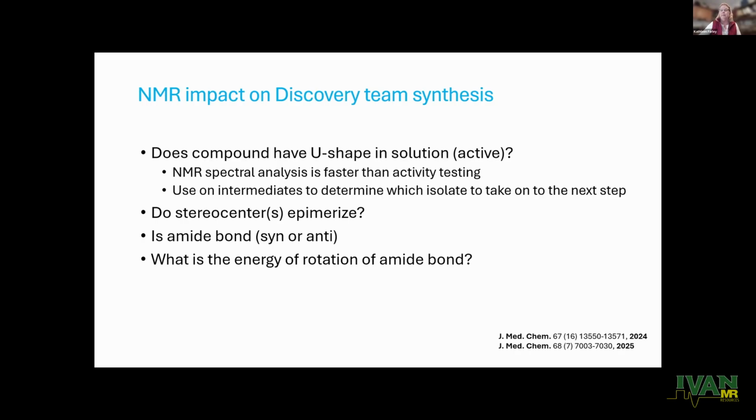But the other thing that became pretty clear is that we could look at intermediates that were going through the chromatography cleanup stage, and oftentimes they would generate, because it has multiple stereocenters, maybe 4 isolates, and we could tell the chemist from the intermediate which one to take forward to make the final compound, which one was going to be the active. And that was pretty powerful and literally saved weeks off of each of the new classes that they were making.